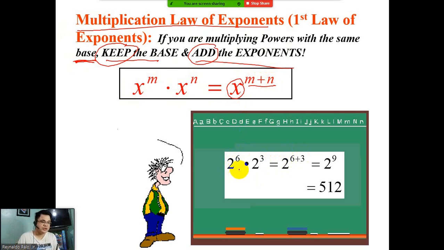As you can see, we copied the same base. This is only applicable if the bases are the same. So just copy it like this. We copied 2 and then we add the exponents 6 plus 3. You will get a result of 2 raised to the power of 9.